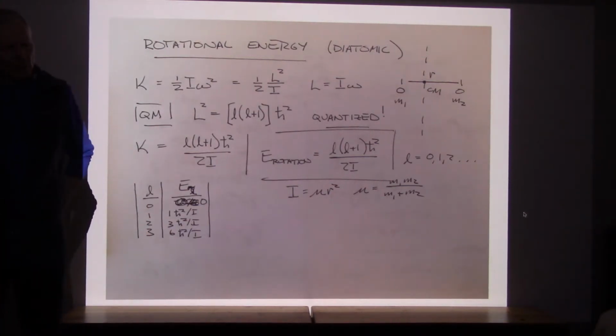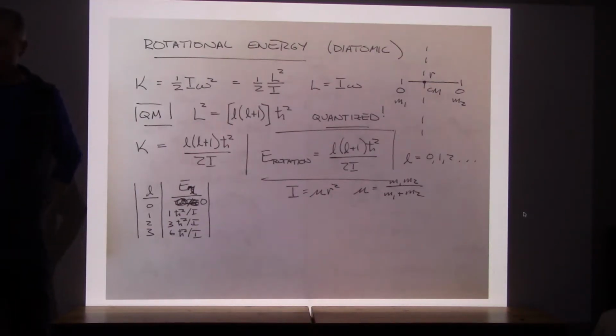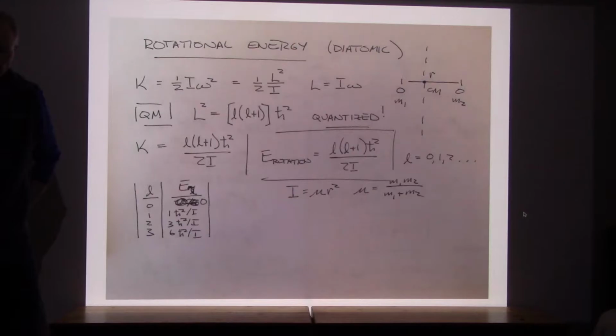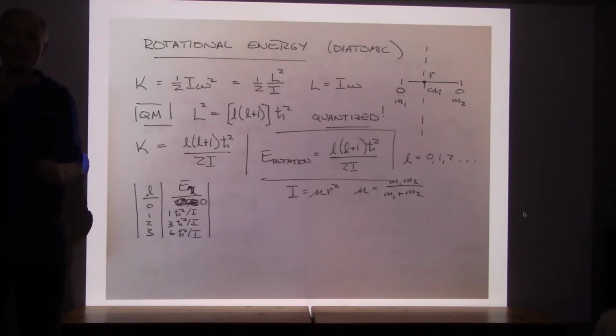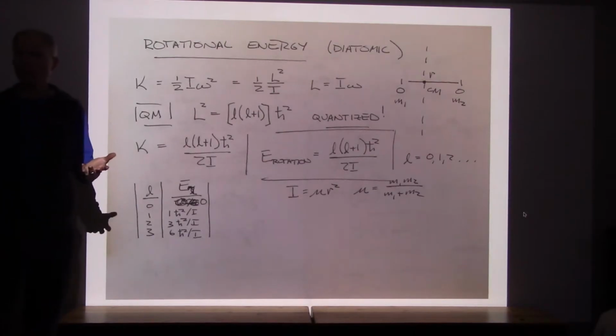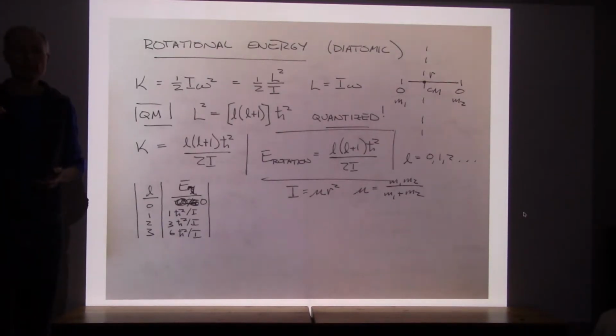Now it turns out with rotation, with angular momentum in general, that the most likely transitions are where the angular momentum changes by 1. And the reason for that is photons have 1 unit of angular momentum.